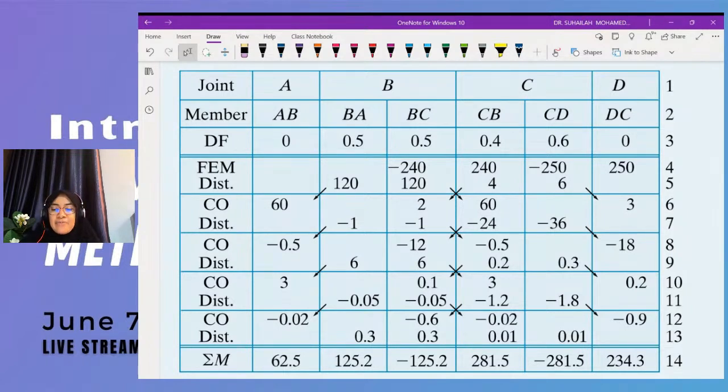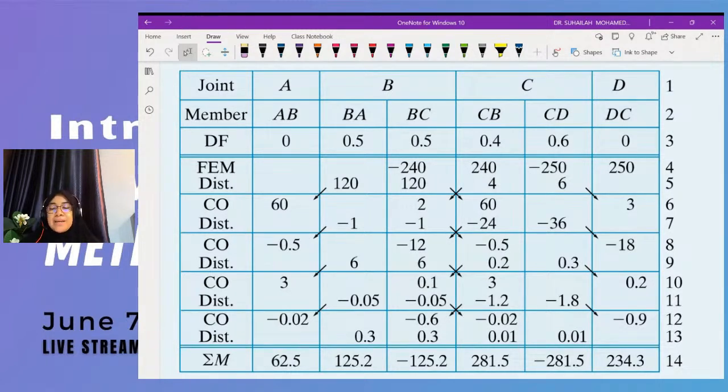DFAB and DFDC are 0 because both ends are fixed. And DF at B and DF at C, the total must be 1. DFBA plus DFBC is 1. DFCB plus DFCD is also 1.